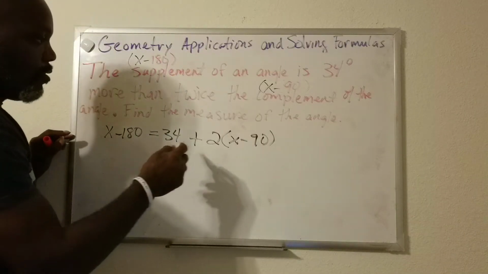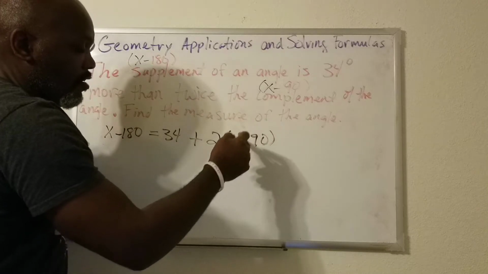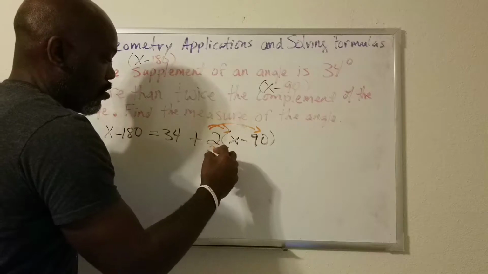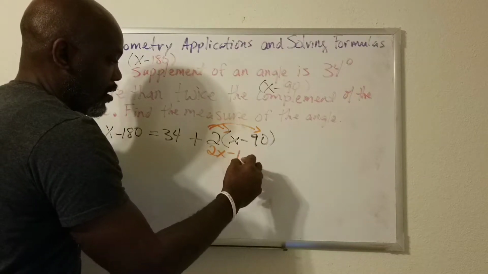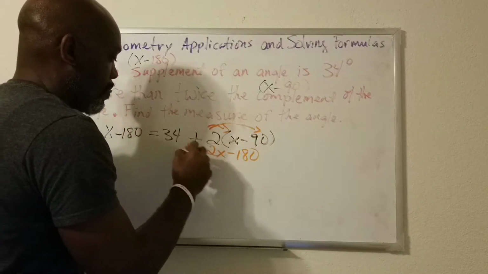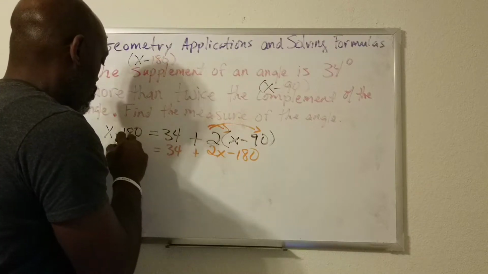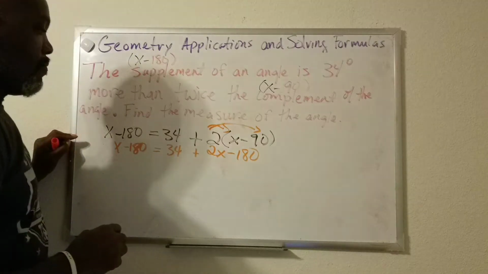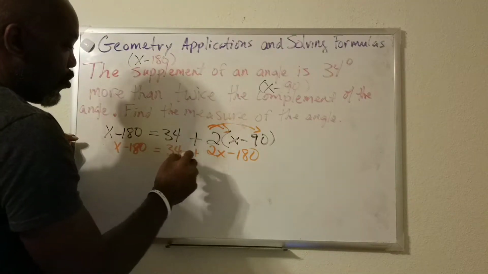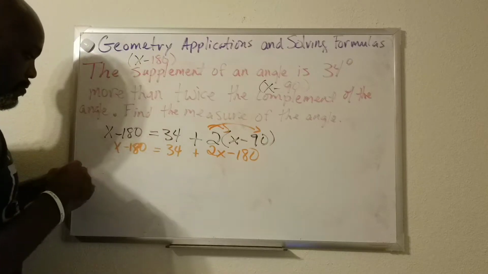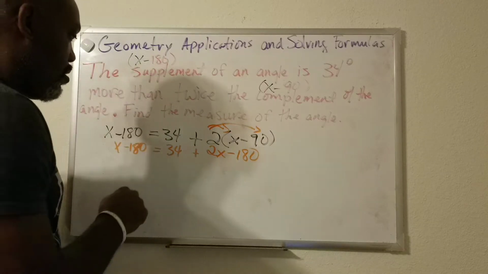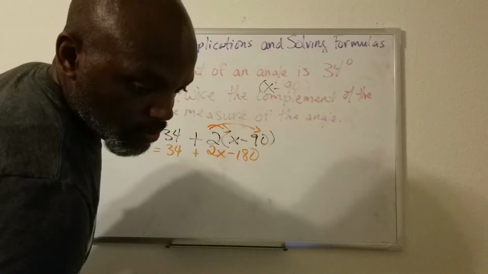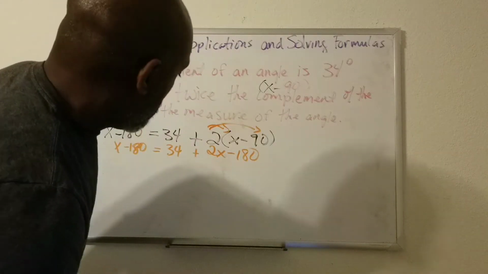And so solve inside the parentheses, no. Exponents, no. Multiplication, which in this case is distribution, 2x minus 180, 34, and that's x minus 180. So here we have 34 minus, okay, that's interesting, because I can already see the answer.